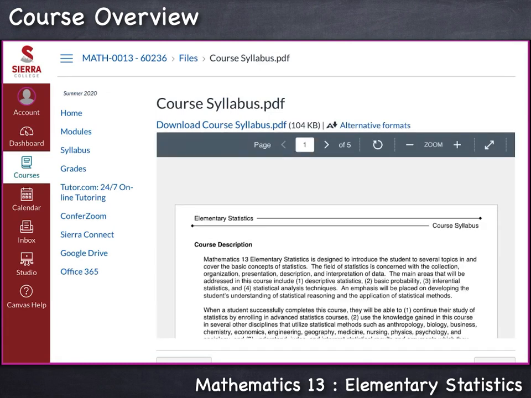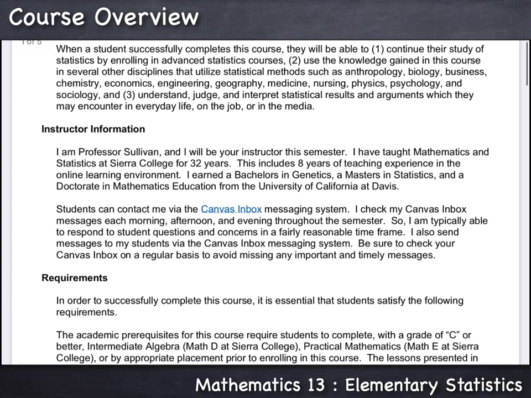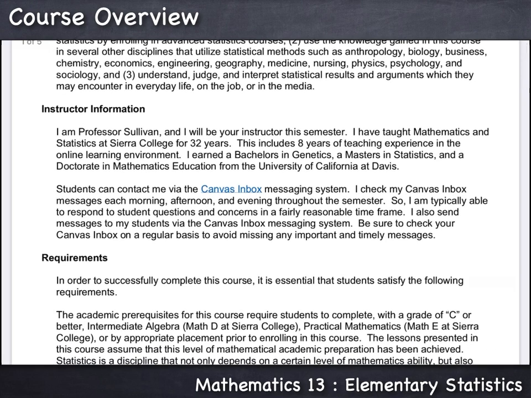It's very important that you read all the information in the syllabus because it has all the details on what's involved in the course, such as to contact me with any questions, you need to do this through the Canvas inbox messaging system. I check my Canvas inbox very frequently, so I will be able to respond to you in a reasonably short amount of time.